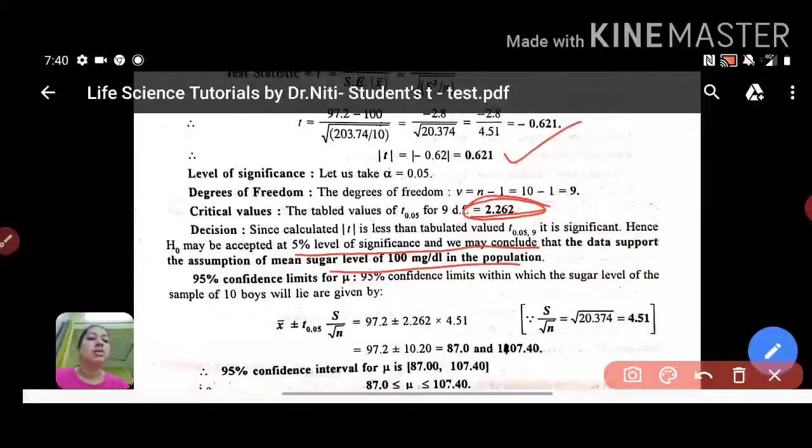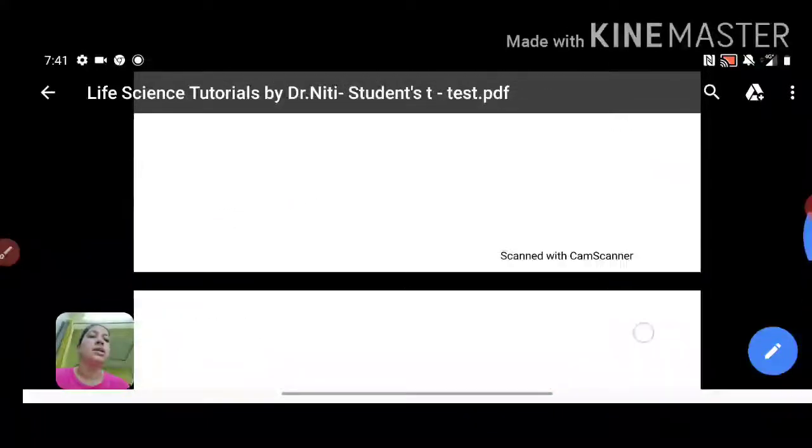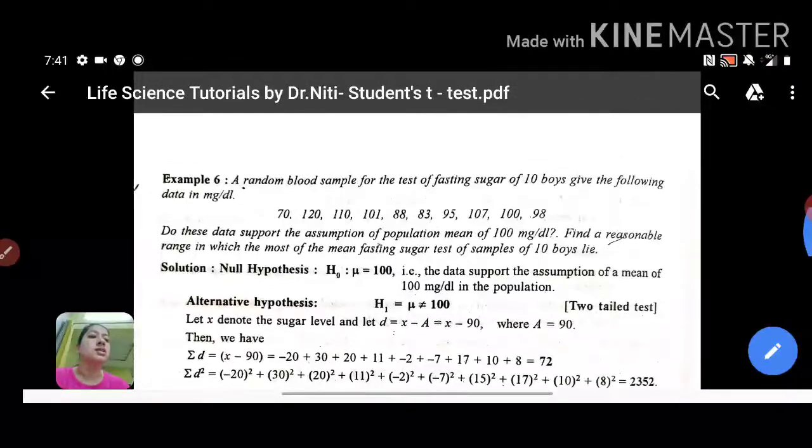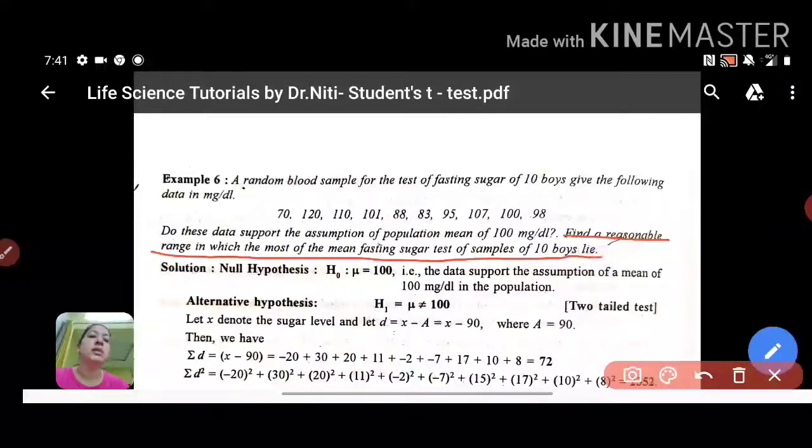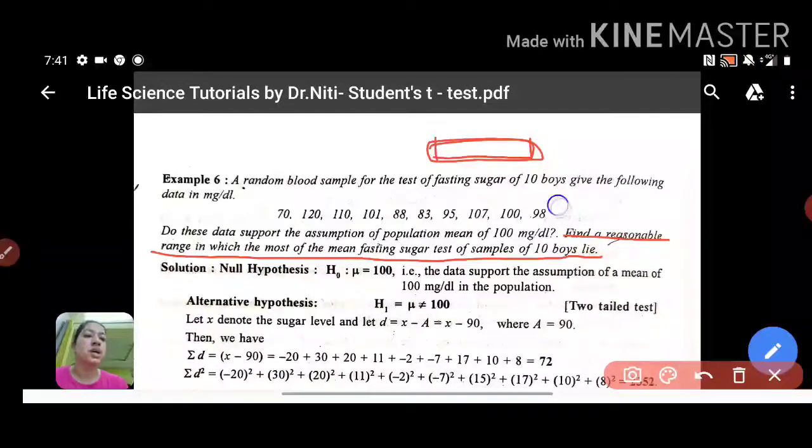One more thing you have to determine in this example is to find a reasonable range in which most of the mean fasting sugar test of the samples of 10 boys lies. That means you have to determine the range in which most of the observations are.